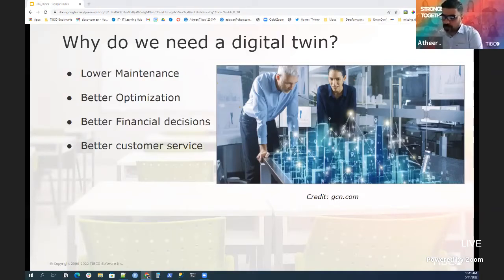I posted a poll in the conference here, and I got really interesting responses. And one of them is, we still don't have the alignment of expectations of different teams of who will be creating the digital twin, who will be benefiting from that, and who will own the data. So maybe it's worth it to talk about why do we need a digital twin?